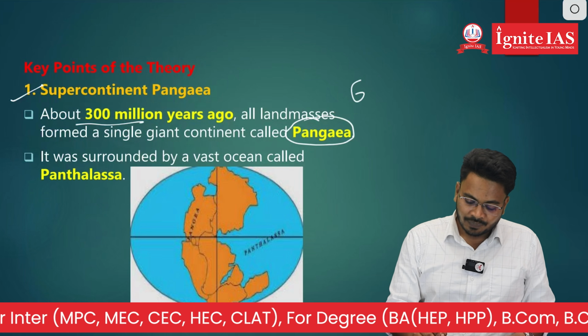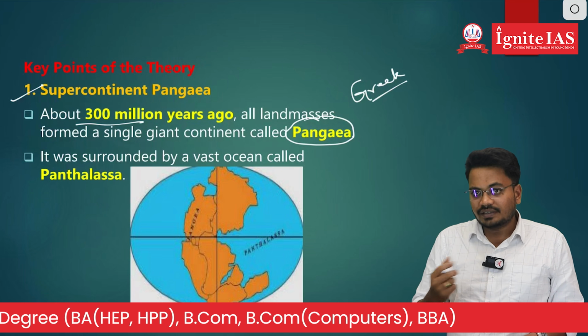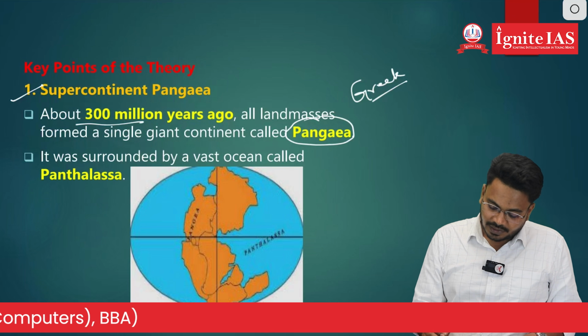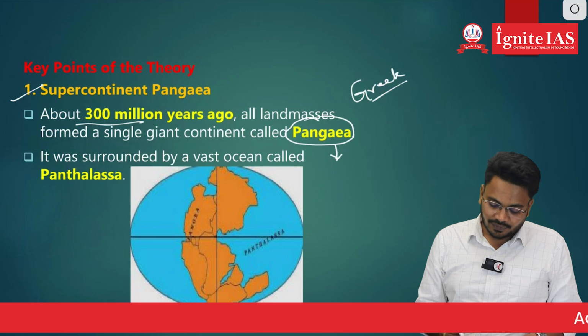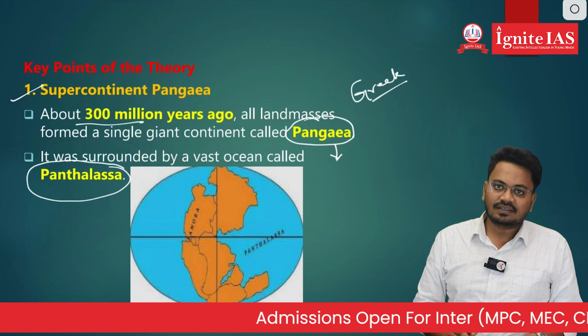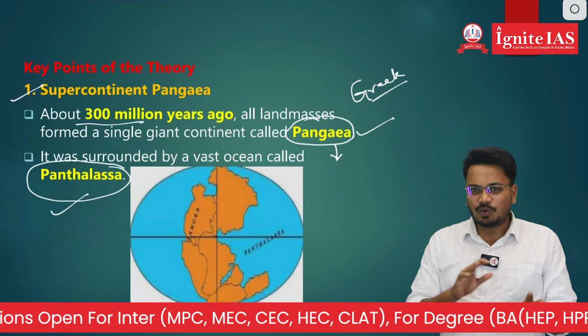In Greek, Pangaea means all rock, or we can say all lithospheric content. This was surrounded by water, which he mentions as Panthalassa. Pangaea and Panthalassa are both Greek words.